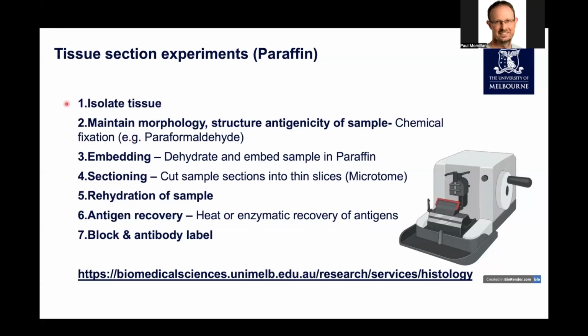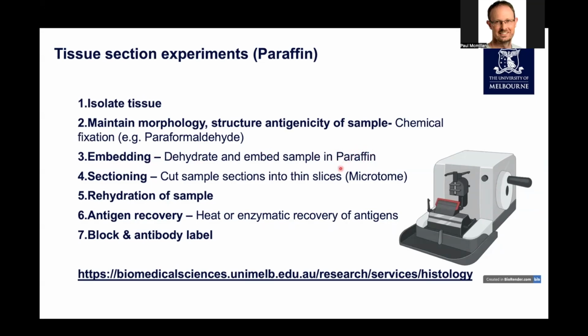In these experiments, we will isolate the tissue from the source. Here we're going to, again, chemically fix that sample, through something like paraformaldehyde. We're going to embed that sample, so dehydrate and embed the sample in paraffin wax.